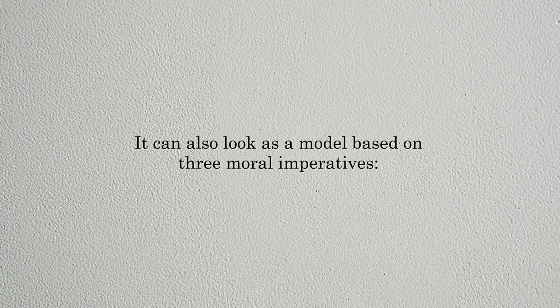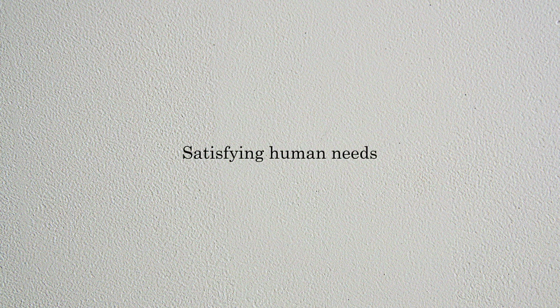This basic model can also be looked at as a moral model. Nowadays we talk about moral imperatives of the citizens to bring sustainability. So you can look at the three pillars in three ways again, that is satisfying human needs, means through the economy. Economic pillars can be looked at as satisfying the human needs.